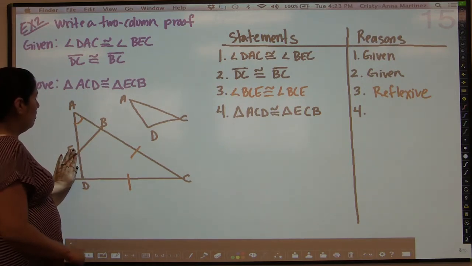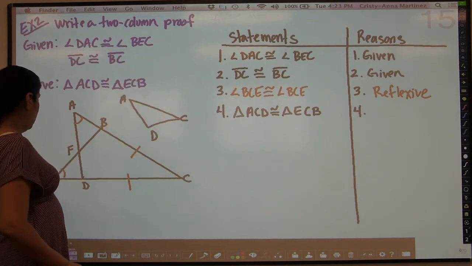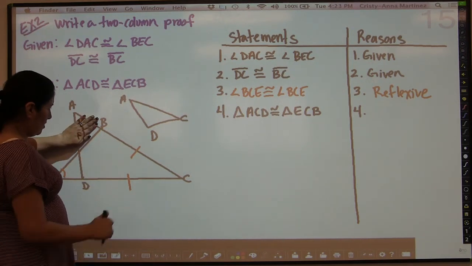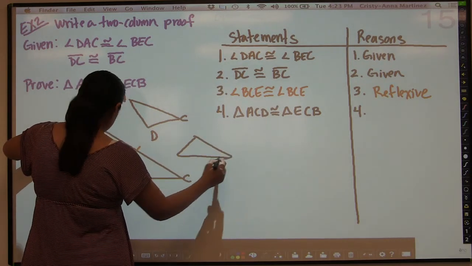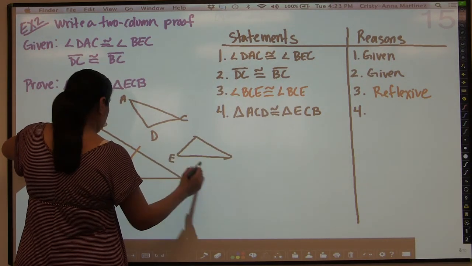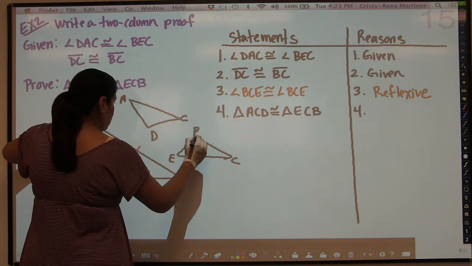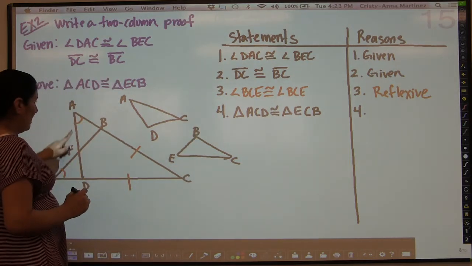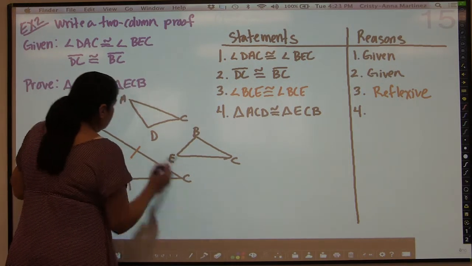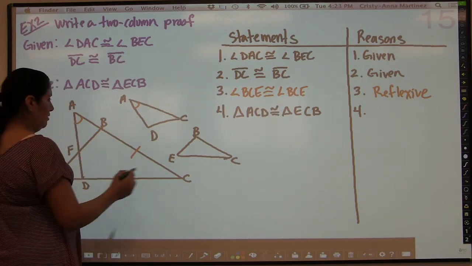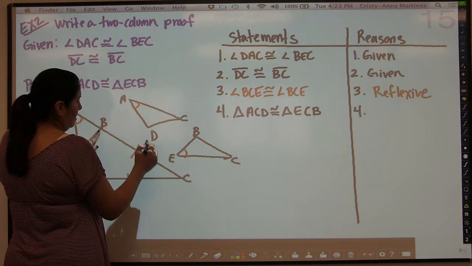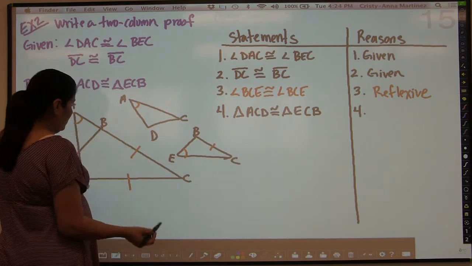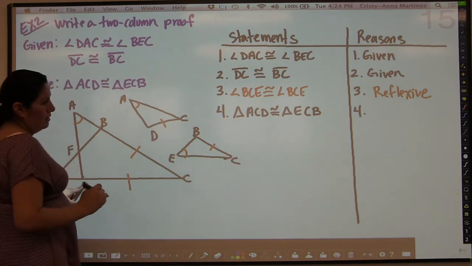And then they want to know ECB. ECB is going to be not including this triangle here, so it's going to be like this. ECB. And what we already know is that angle A is congruent to angle E. And then we're looking that BC, which is this segment, is congruent to DC, which is that segment.